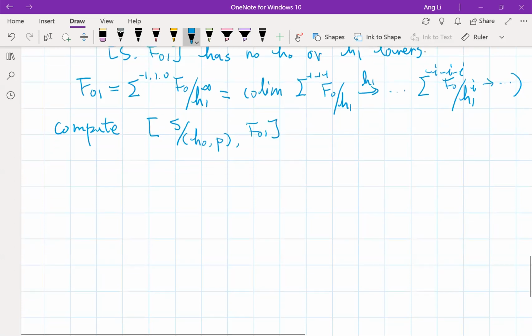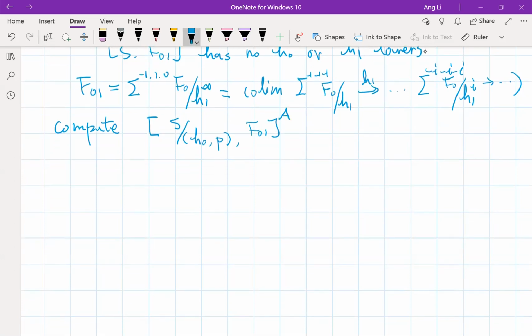Right, so if I don't have the superscript, I mean it's over the dual Steenrod algebra. And I probably forgot to write the dual before, sorry about that. And well, that is too large. It's hard.